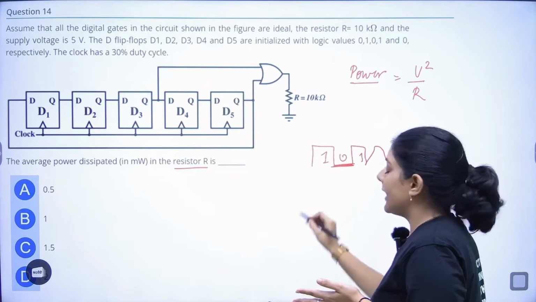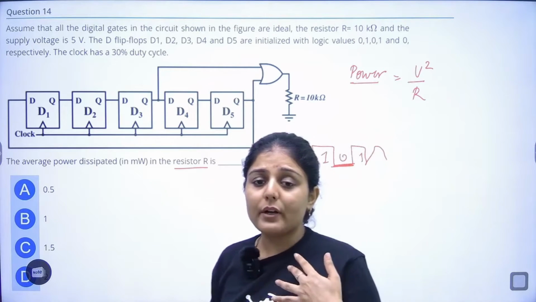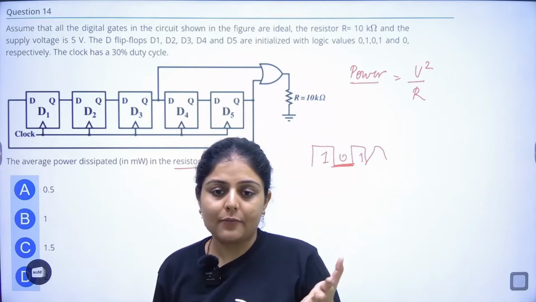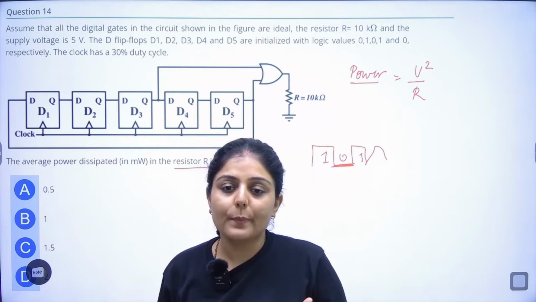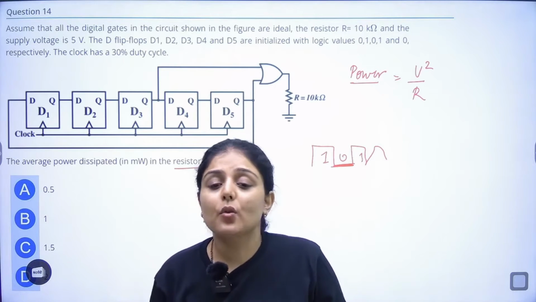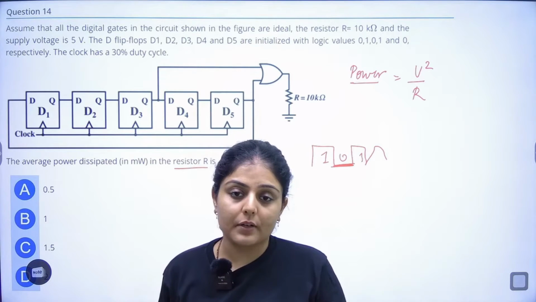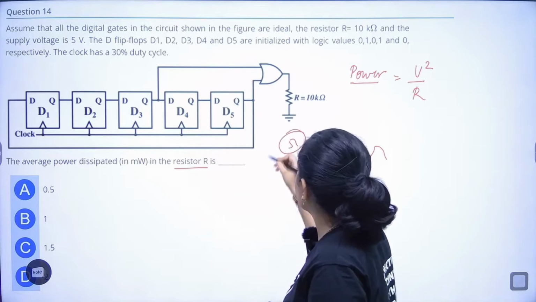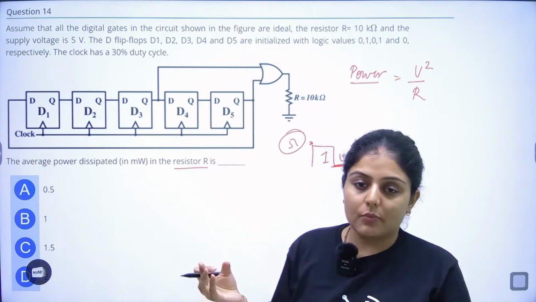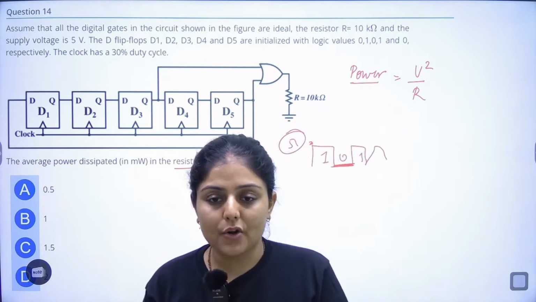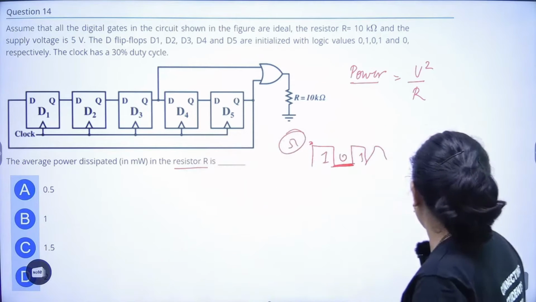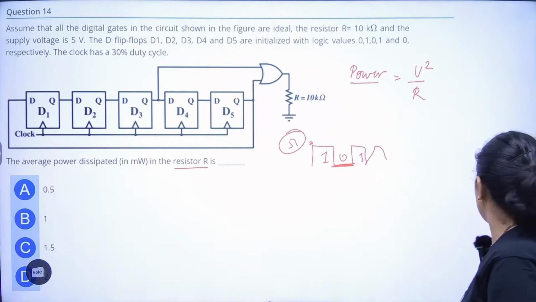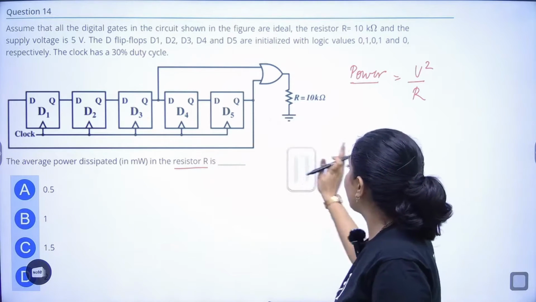So in order to send 0, there is no requirement for any power, right? There is no power consumed in order to send a 0 bit because its value should be 0 volts. Whenever we are sending 1, it needs 5 volts, or some amount of power, in order to send it, right? So depending on the output we are getting, we have to find out the power.